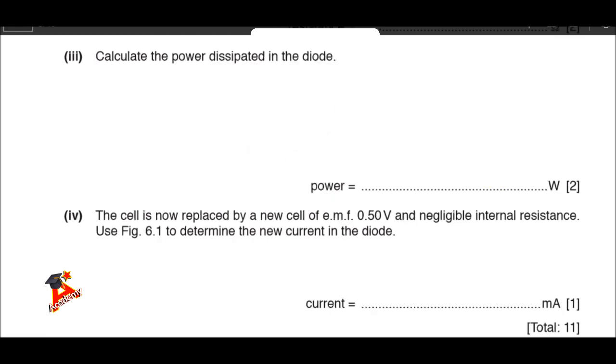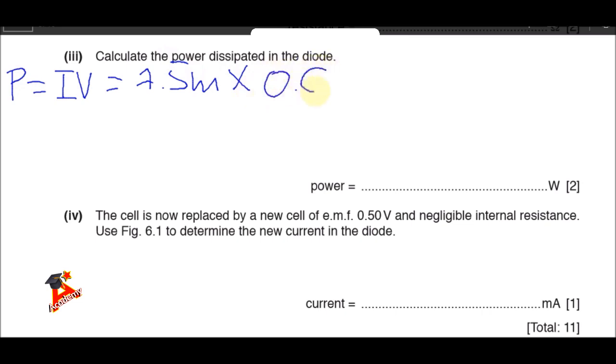So the power dissipated in the diode can be obtained from this formula. Power is equal to IV. Now we have a current of 7.5 milliamps, multiplied by the voltage across the diode, which is 0.6.